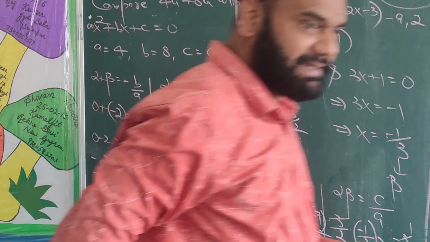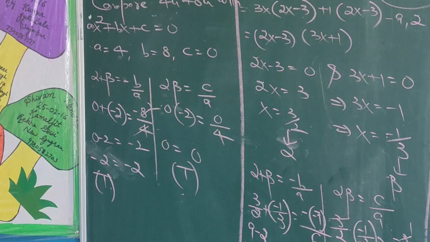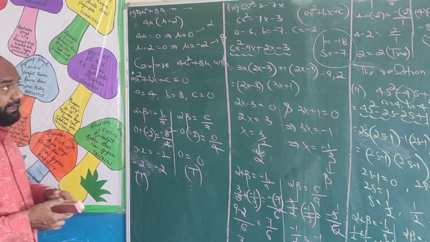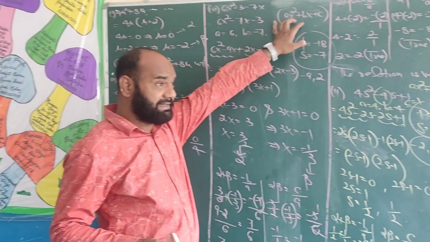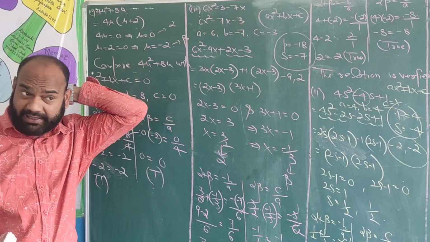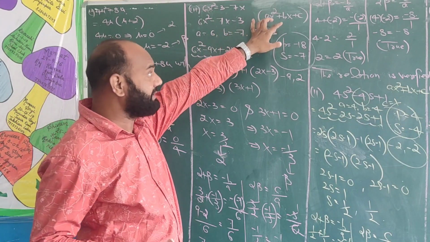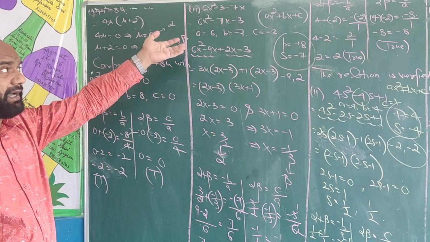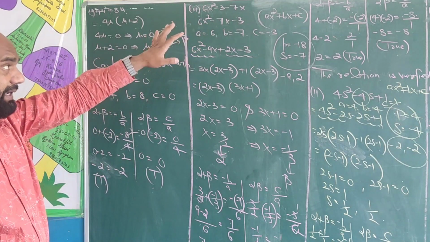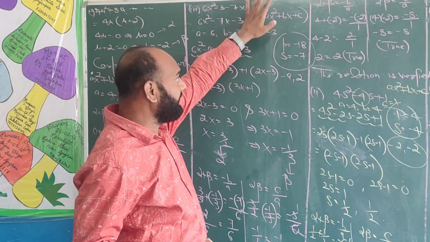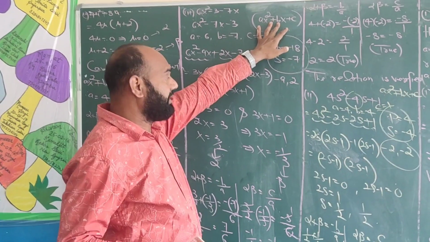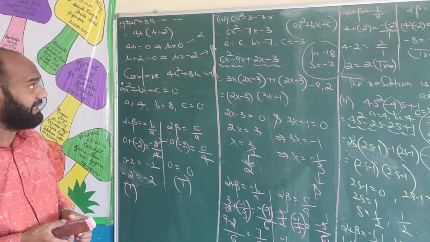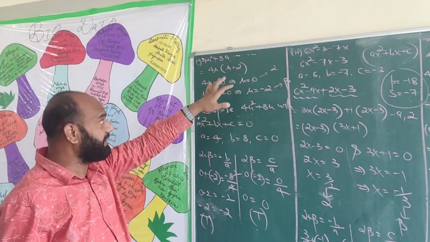Now we take the last example, which is also not in proper standard form. Any polynomial in standard form, in which all three terms are present, is said to be a complete quadratic polynomial. Any polynomial in which all three terms are not present, where either the term of x or the constant term is missing, is said to be an incomplete quadratic polynomial.